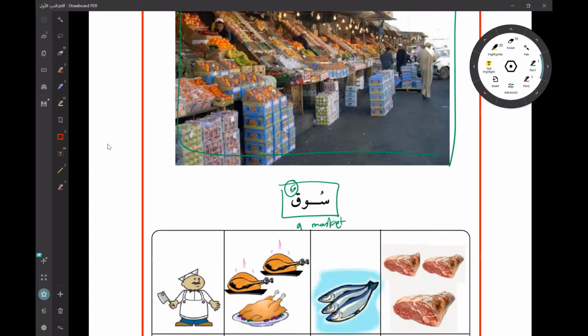This tanween indicates indefinite. So when we have a tanween in a word, it means that the word is indefinite, right? Suqun, a market, just like in English, a market means indefinite. We don't know which market, right? So likewise, when we have tanween in the Arabic language, it means indefinite. So any market, a market.